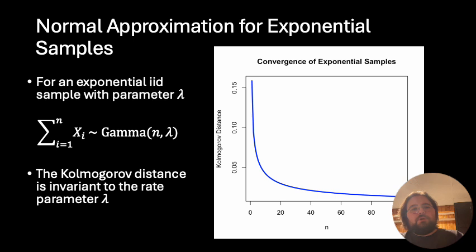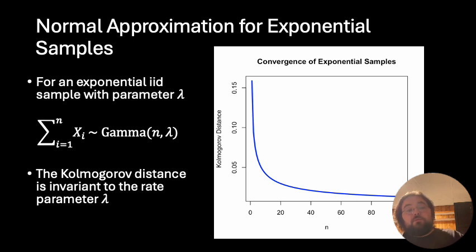Now suppose we are working with an exponential sample. We are pretty much seeing the same thing we saw with the Poisson data. However, there is something important to point out. Notice that the rate parameter does not appear in the graph.